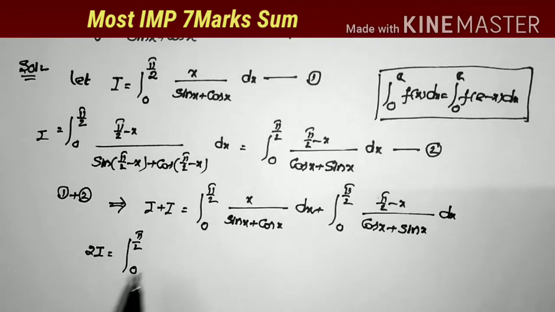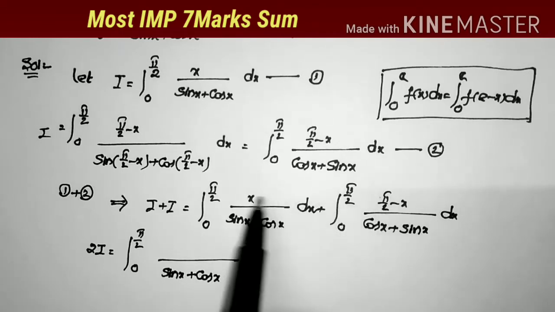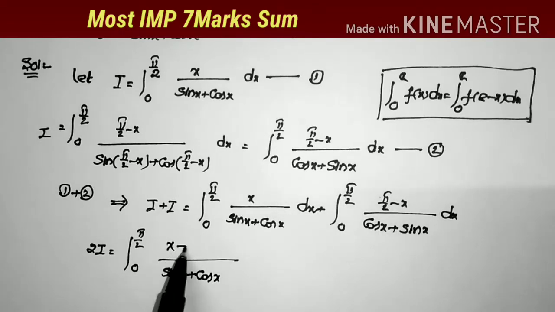So taking a single integration, and the denominator also has the same value, sin x plus cos x, which is the LCM. Now adding the numerator values, x plus (pi by 2 minus x), into dx.